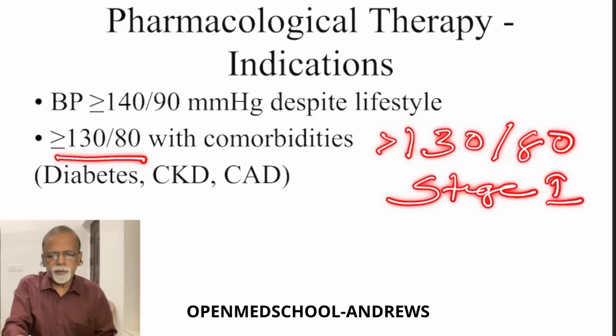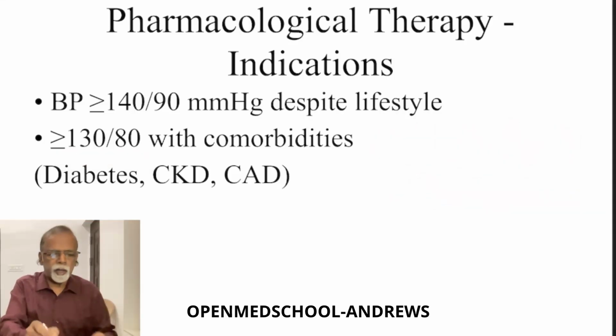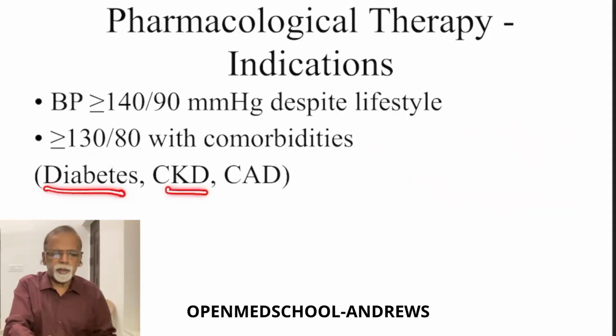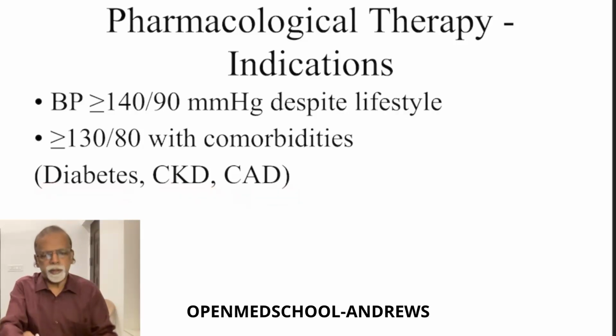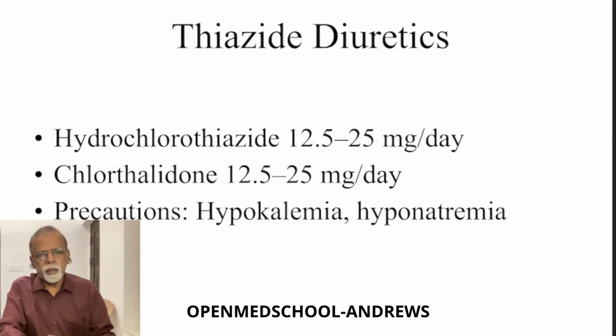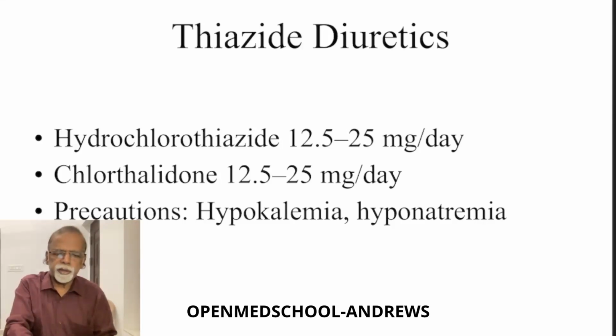We should treat if the patient has comorbidities like diabetes, CKD, and coronary heart disease. One of the recommended medications is thiazide. Hydrochlorothiazide, you can give 12.5 to 25 milligrams daily. Chlorthalidone 12.5 to 25 milligrams per day.